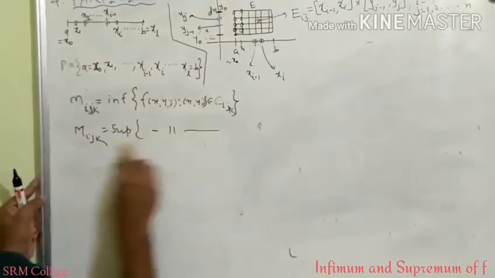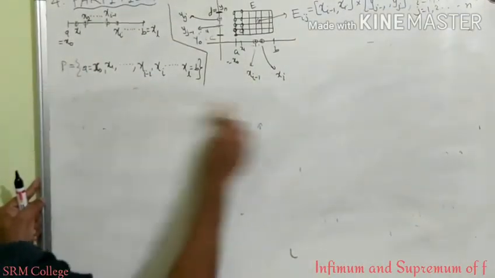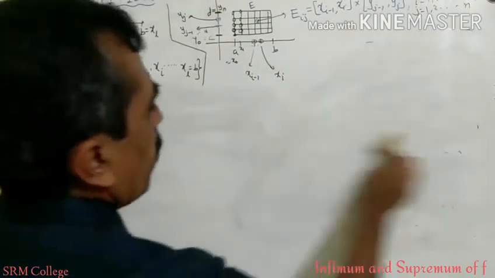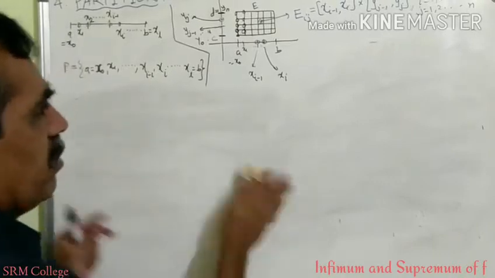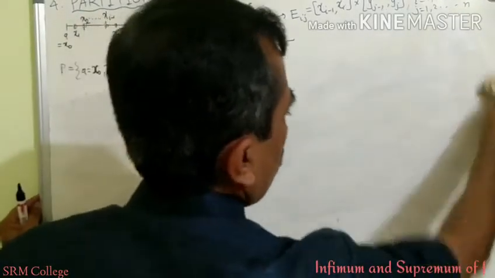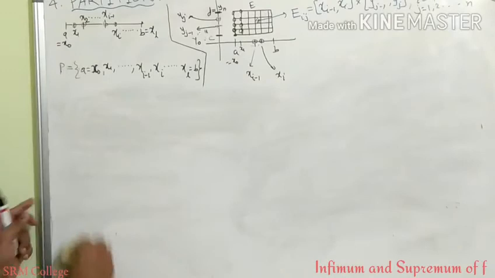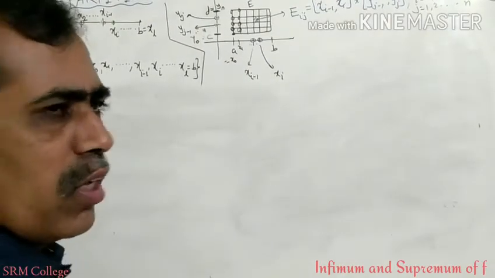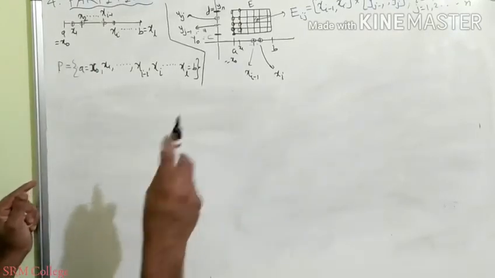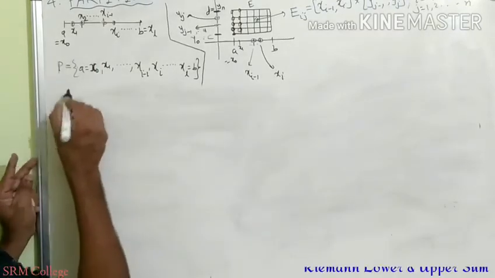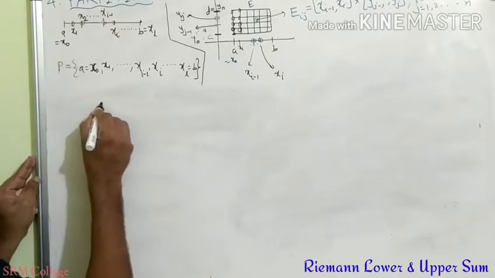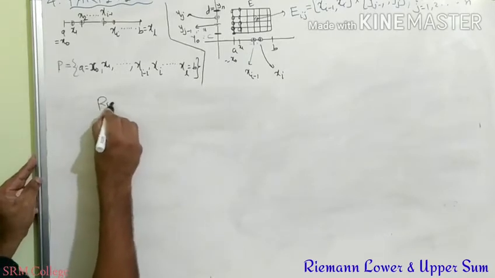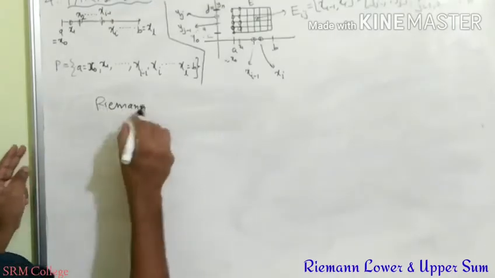In case of a function of one variable, once it is clear, it will be obviously clear for functions of two and three variables, because all these are just analogous generalizations of the one variable case. So how do we define the Riemann sum in case of one variable? I will tell you immediately.